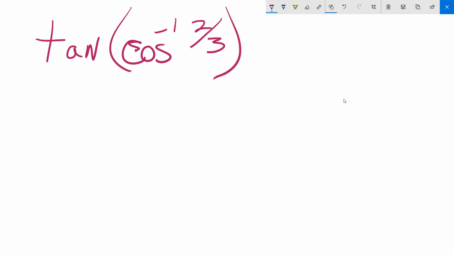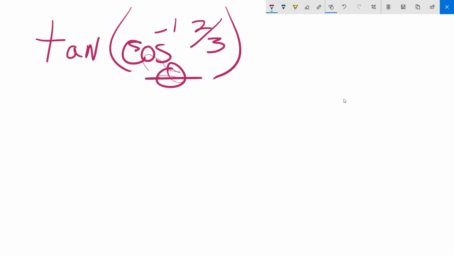How are we going to do this? Well, hold on. What's inside the parentheses? Is that an angle or a ratio? Let's label it such. That's an important step in this process. Very important. To know whether that is an angle or a ratio.